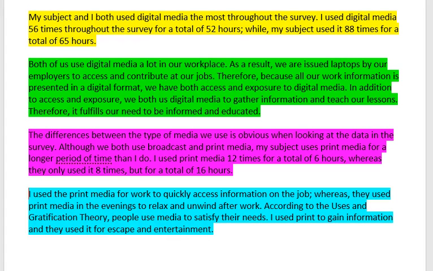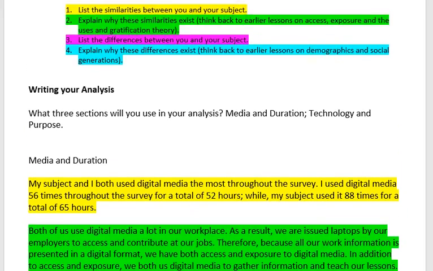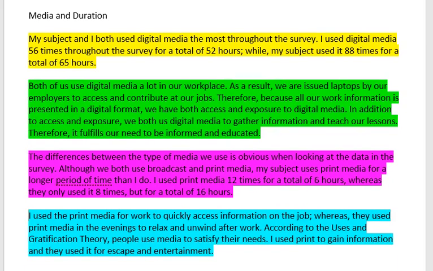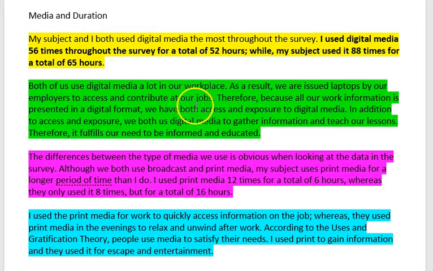And by keeping those four paragraphs separated, I've made sure the similarities and differences are clearly identified. I've made sure to use specific data that came from my survey.